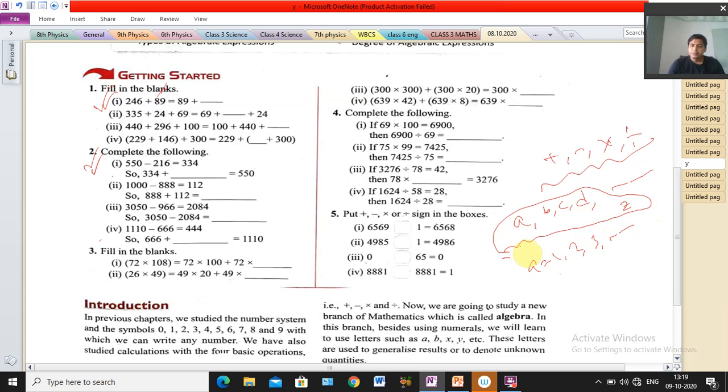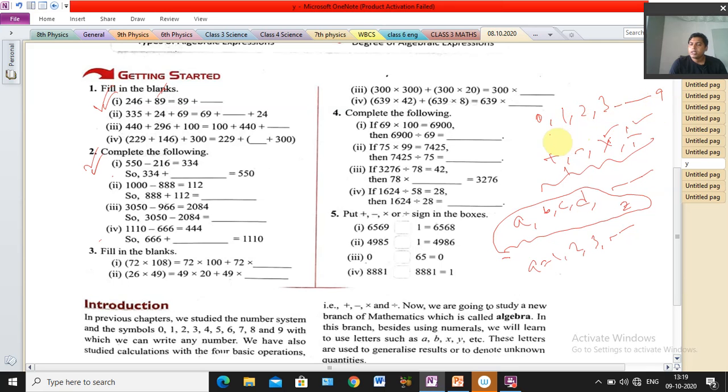Basically we know that A, B, C, D up to Z are letters. These letters we will use with the four operations: plus, minus, multiplication and division. And numbers also, numbers means 0, 1, 2, 3 up to and so on.